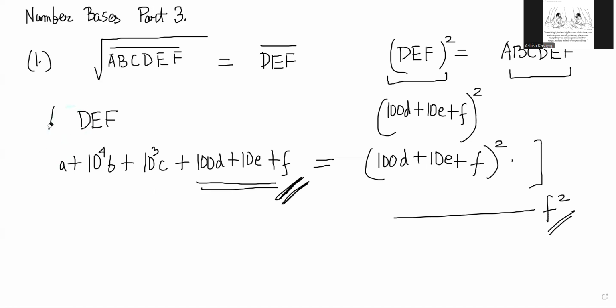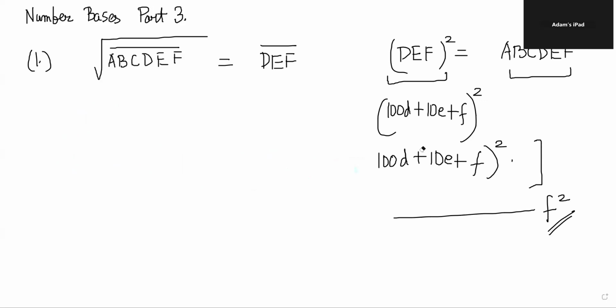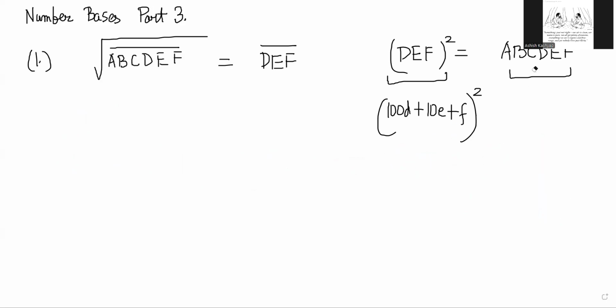If you take modulo 1000, both will be DEF here, and this side will be DEF squared modulo 1000. So if they are equal to each other, then DEF squared is congruent to DEF mod 1000, right?